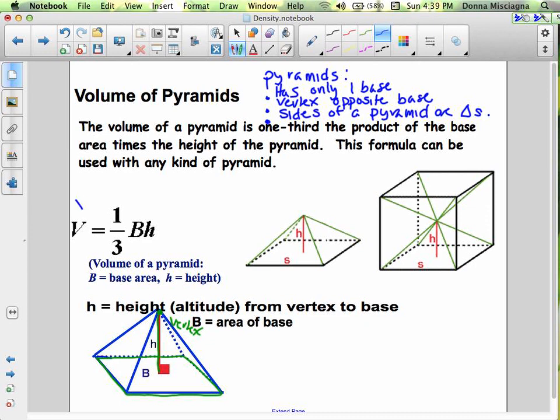And when we say height, we're referring to the height of the pyramid, big H, which is the distance between the base and the opposite vertex.